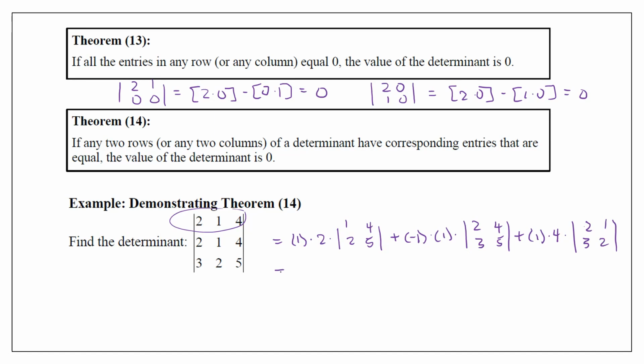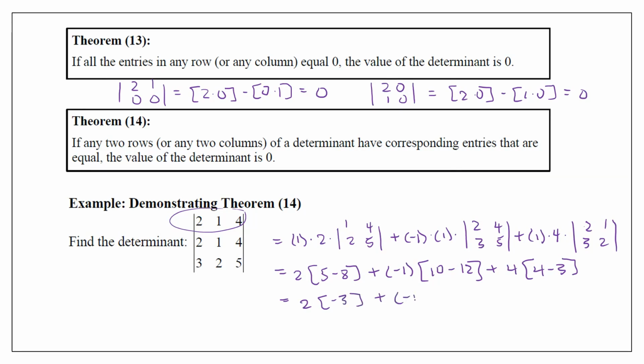Then we'll have 2 times 5 minus 8 plus negative 1 times 10 minus 12 plus 4 times 4 minus 3, which equals 2 times negative 3 plus negative 1 times negative 2 plus 4 times 1.